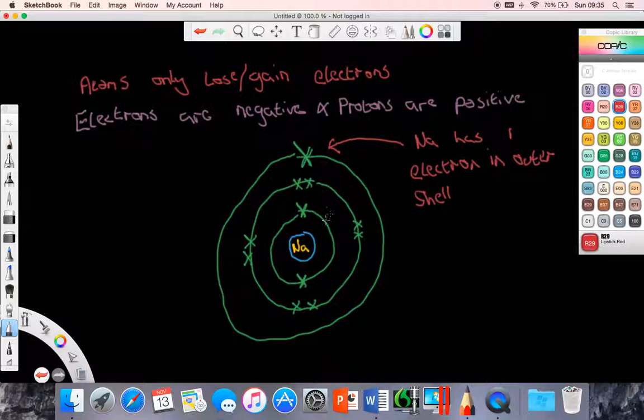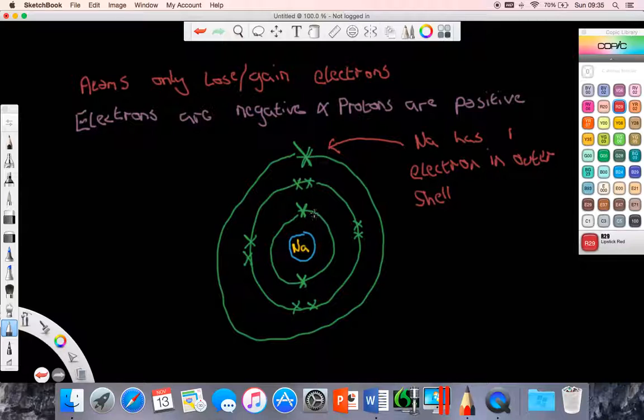It could either gain 7 electrons from somewhere, it would need to find those 7, or it could lose the 1 electron in its outer shell. Okay? So, it would be far easier for sodium to lose this 1 electron than it would be for it to gain 7.